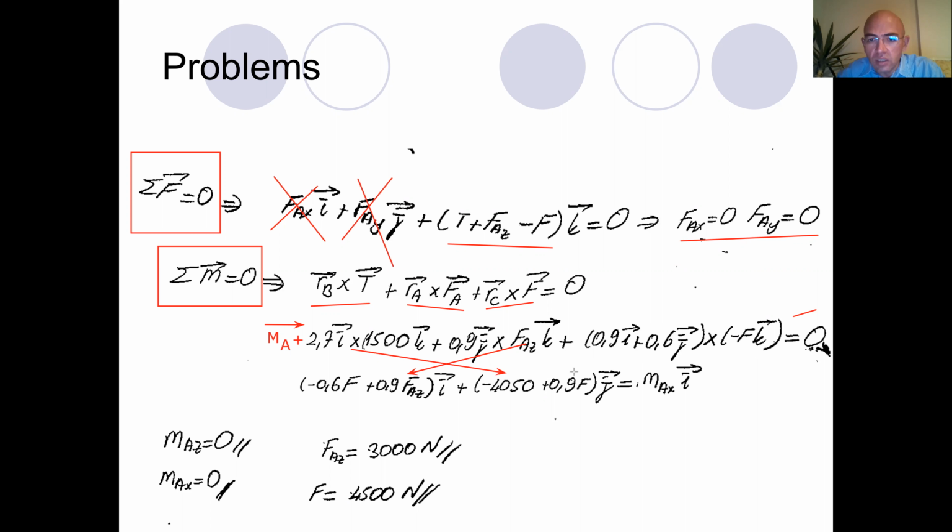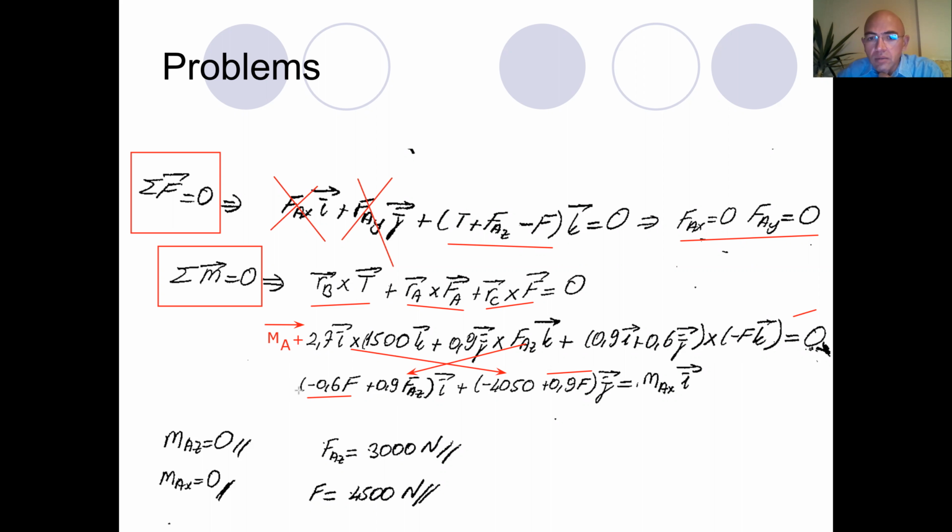So this gives us this term, 0.9 F here. 0.6 j vector multiplied by minus F k will give us negative 0.6 F i vector, and certainly from MA I have the May j and Maz k vector.